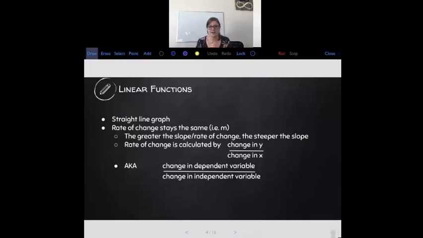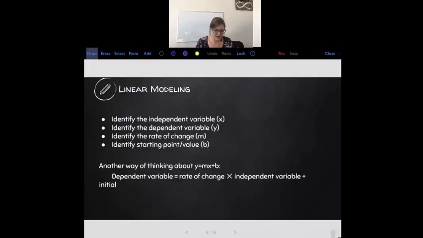Or if we're thinking about linear functions in terms of the independent variable x and the dependent variable y, the rate of change could also be described as change in dependent variable divided by the change in the independent variable. So with linear modeling, it's helpful to identify the independent variable x.